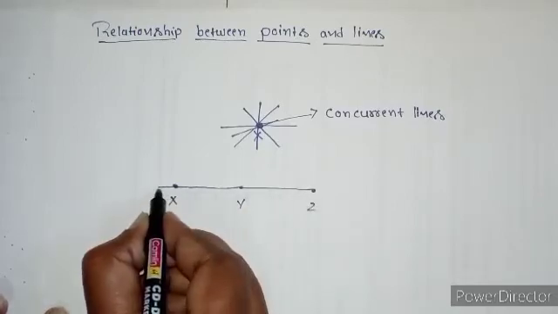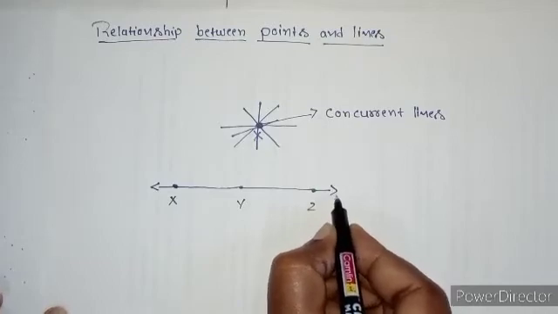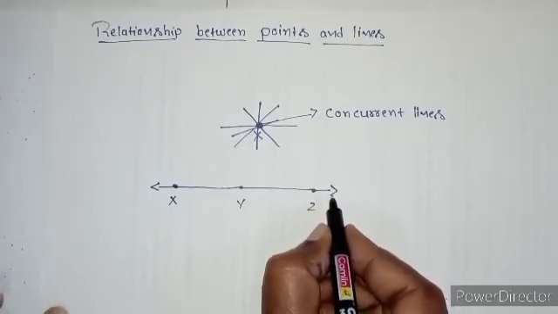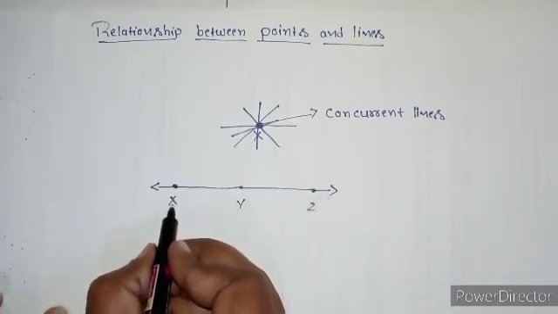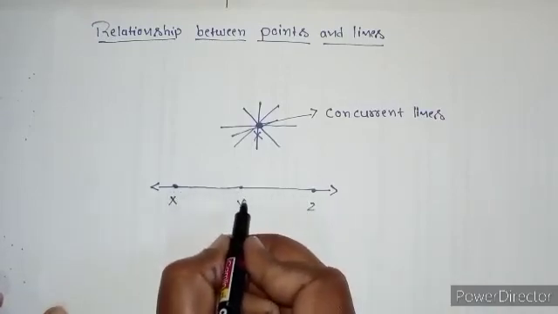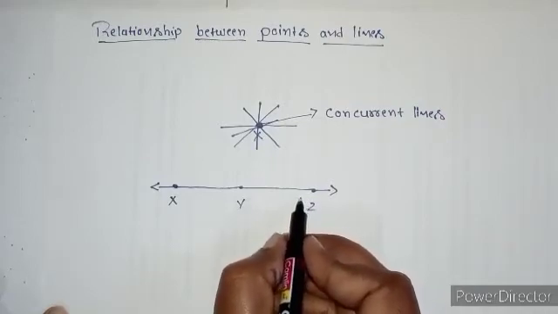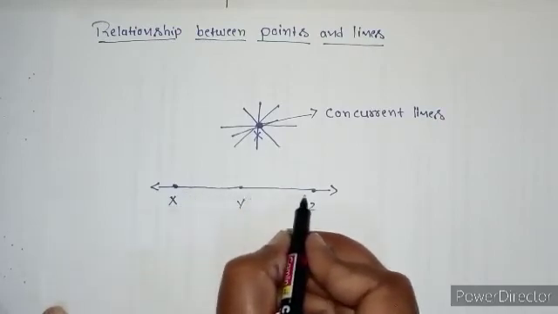We denote this with the extended arrows. Here x, y, and z are 3 or more points that lie in a straight line.